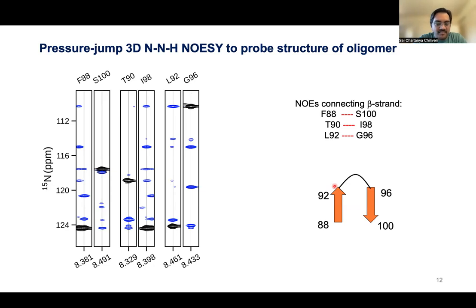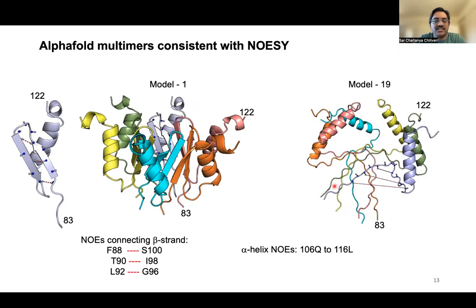Although using these NOE experiments we could demonstrate the long range NOEs, it is very challenging to obtain a high resolution structure purely from the NOE experiments, as we don't have any homology model. So we took advantage of recent developments in AlphaFold, that is the AlphaFold multimer module.